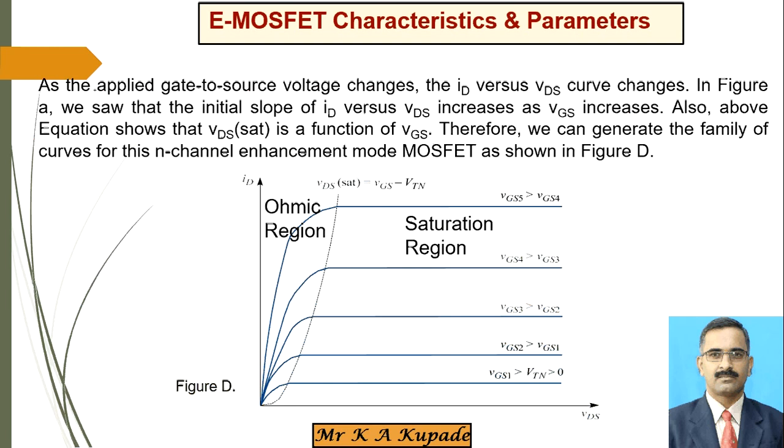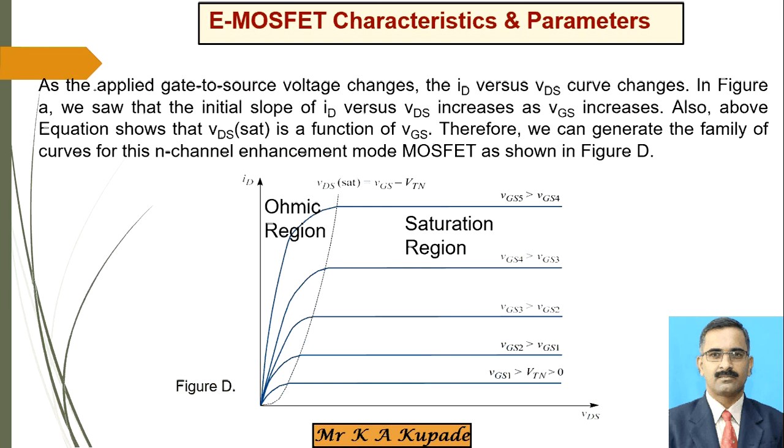If you are increasing VGS from +1, +2, +3, +4, +5, +6, like that, you get a different slope of this particular ID versus VDS curve.